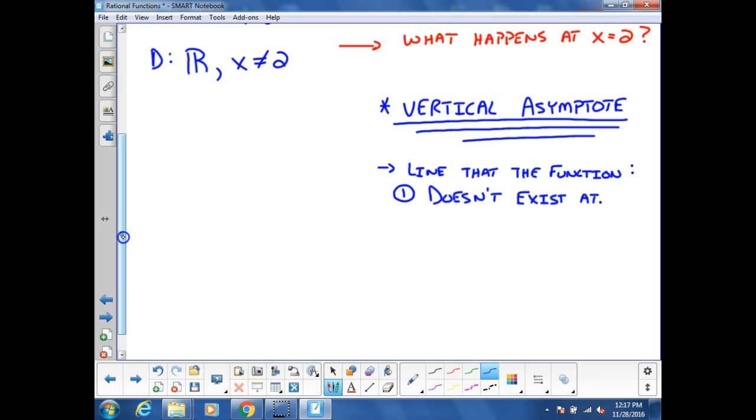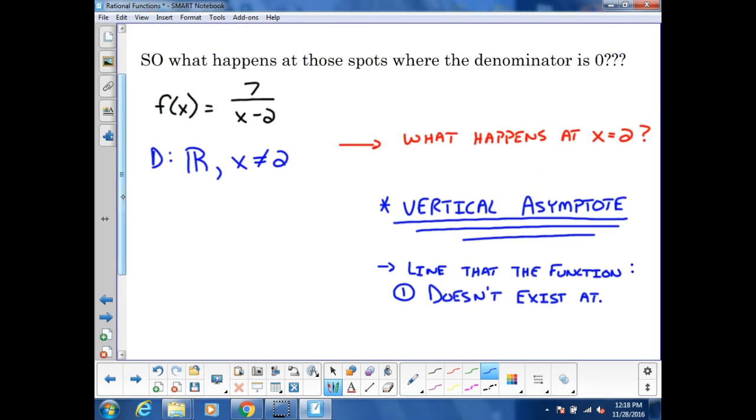Right? The function doesn't exist at x equals 2 because I'm dividing by 0 at x equals 2. So my function doesn't exist at all there.